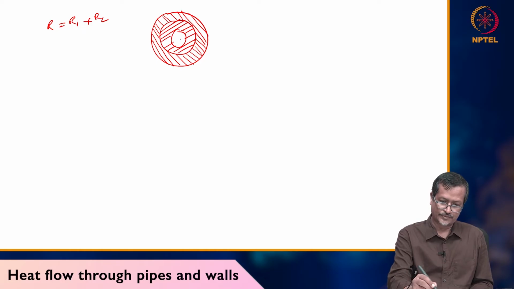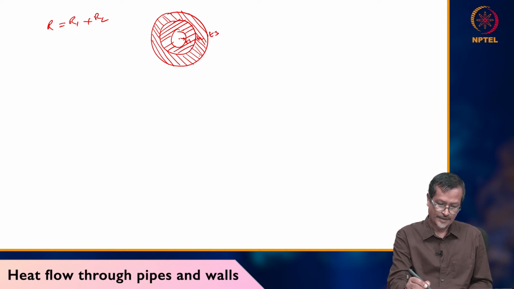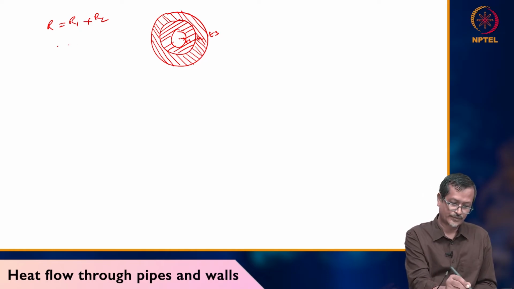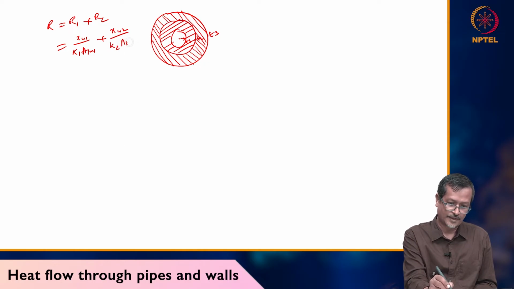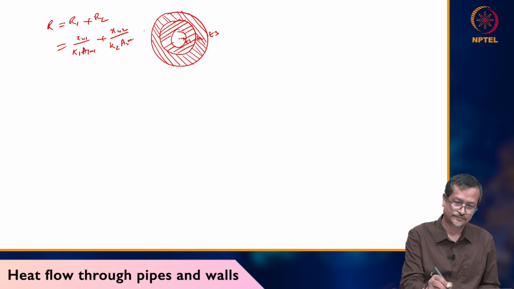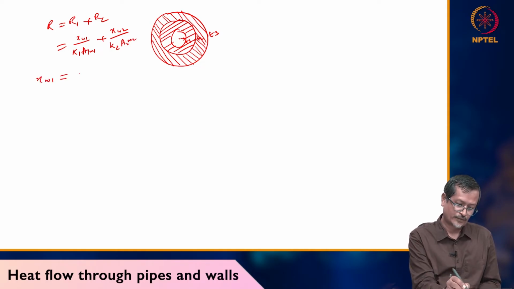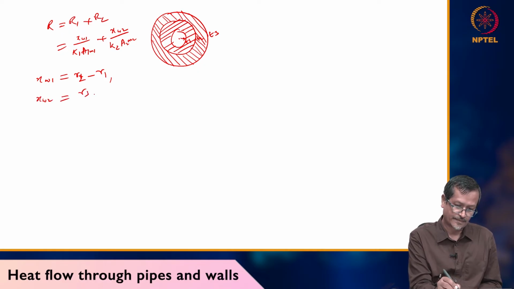T1, T2, T3, and so R equals R1 plus R2 equals xw1 by K1 A1m plus xw2 by K2 A2m. xw1 equals R2 minus R1, then xw2 equals R3 minus R2.